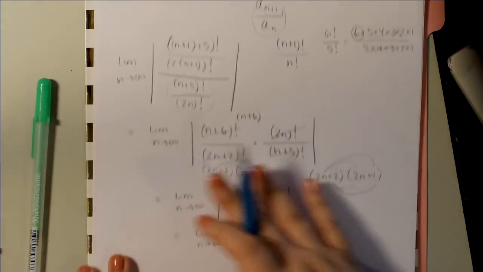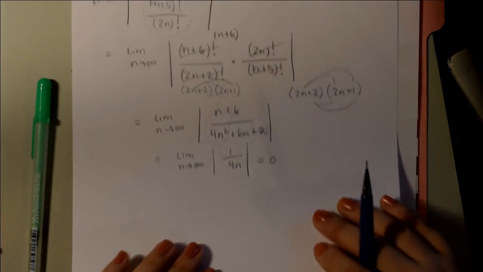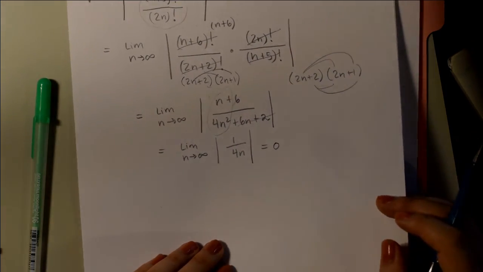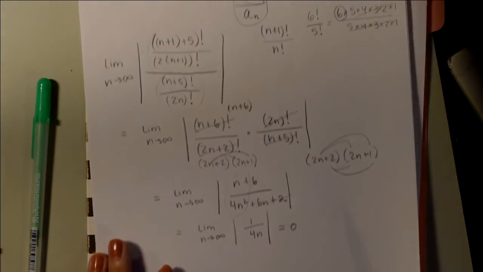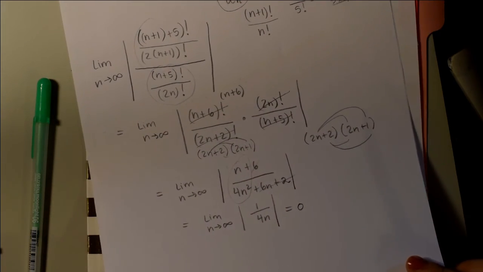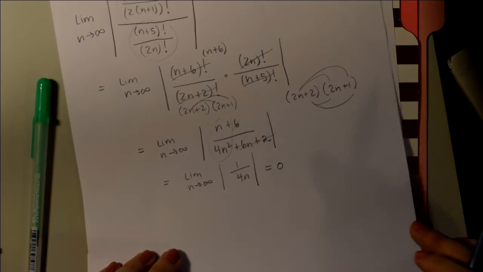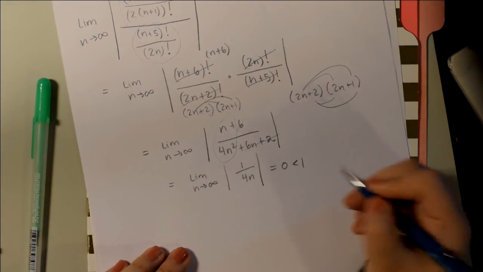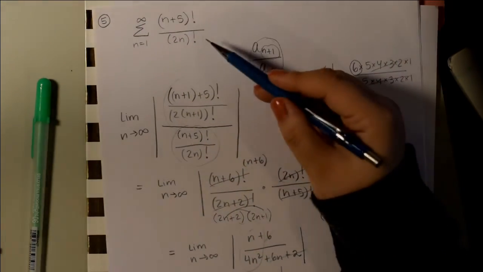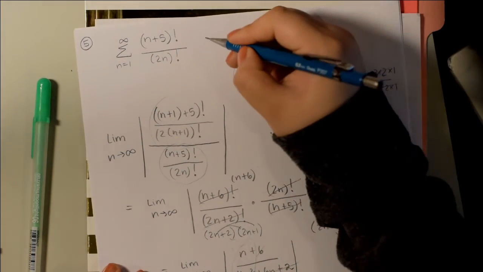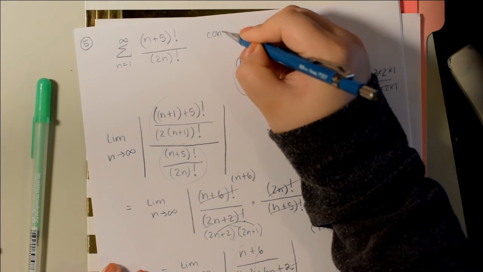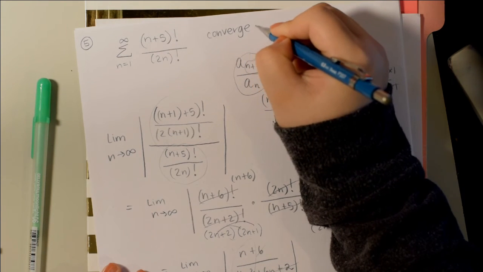So all that being said, the limit of that ratio is 0, which is less than 1. So our series converges by the ratio test.